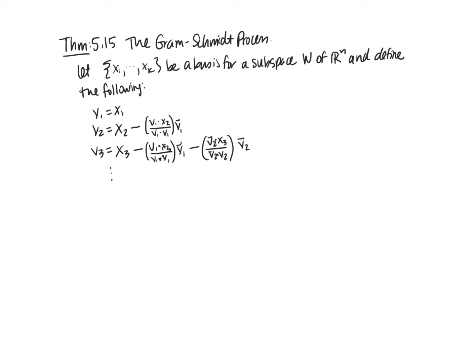So we'll just do dot, dot, dot. So Vk is going to be xk minus, we're going to subtract off the part that's in the direction of V1, and we'll keep subtracting off all those parts until we subtract off the part that is in the direction of V(k-1).